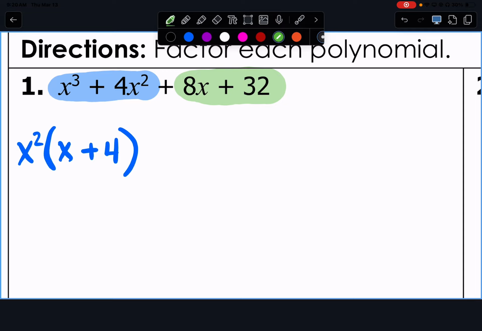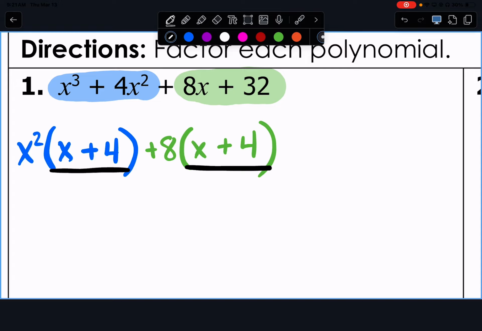Now we are going to look at the second one. What can we factor out of the second group? What does that leave? Plus 4. Now what's the same? So we bring that down. And what's left over?